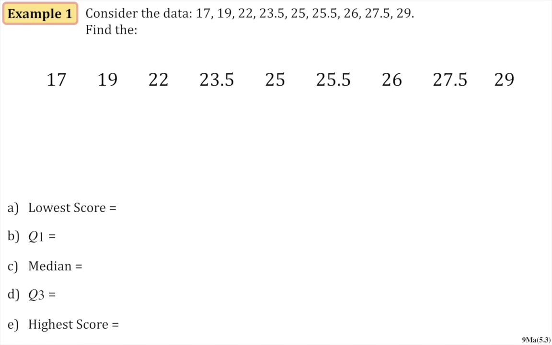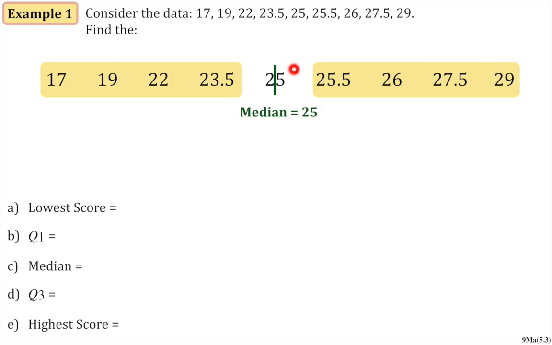The first thing you need to do when you get your data is make sure it's written in order from left to right, from smallest through to biggest. And we want to find the middle number, and you can see I've got 4 numbers, and my middle number is 25, so that's my median.